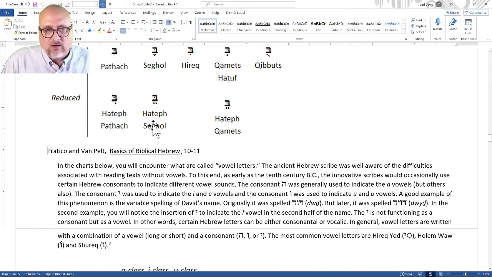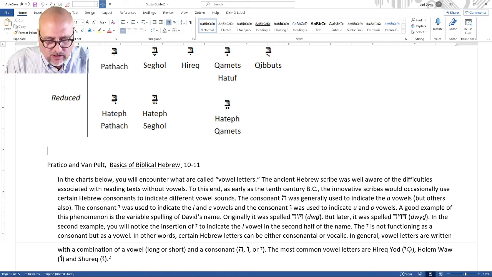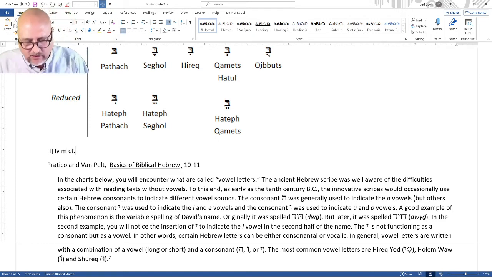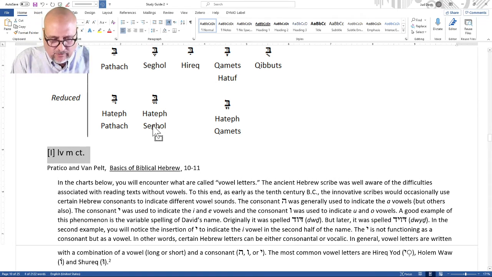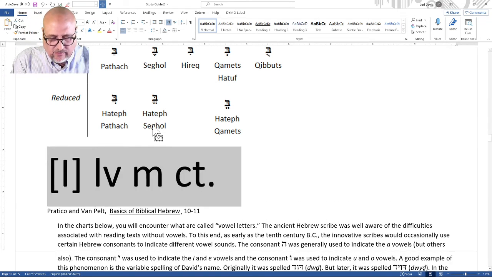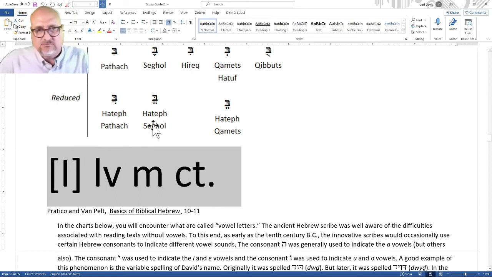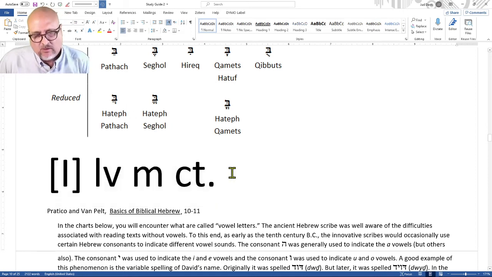Let me show you a funny little exercise. Okay, imagine that's a Hebrew text. So it doesn't have any vowels in it, right? What does that sentence say?